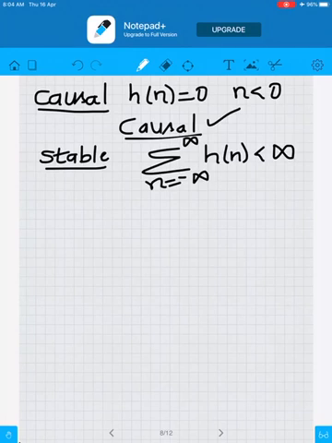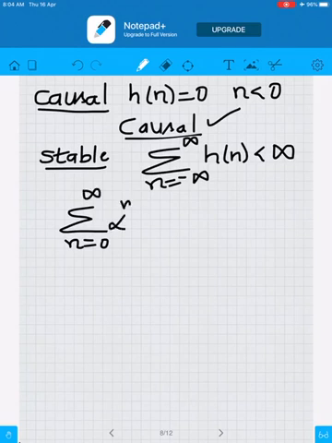Now, applying that formula here, since in the given problem the impulse response exists only from 0 and not from minus infinity, we can change the limit to n equal to 0 to infinity, and for that the term is alpha power n.